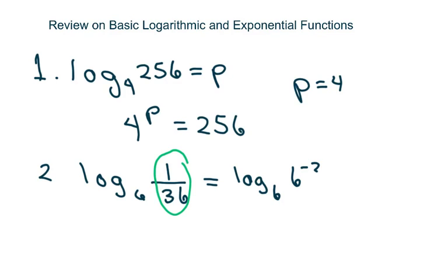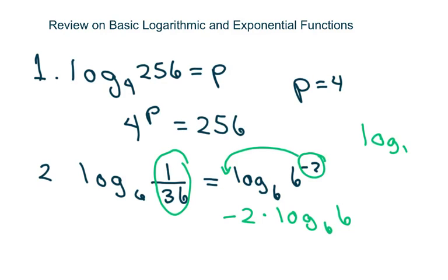I'm looking for the power. You can actually see the power right here. It's negative 2. But to get that, we're going to use the power property and bring this negative 2 in front. Log of a base with that same base equals 1, because base to the first power equals your base, any old base. So that goes away, and you have your negative 2.